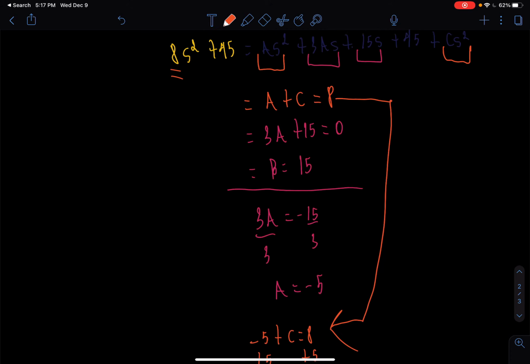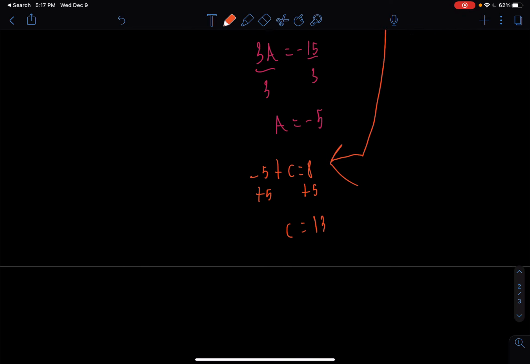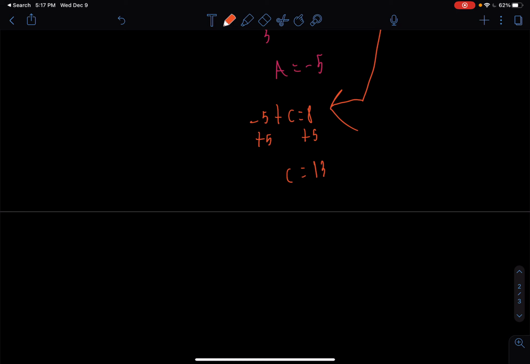So basically now we have found A, B, and C. A is equal to negative 5, B is equal to 15, and C is equal to 13.